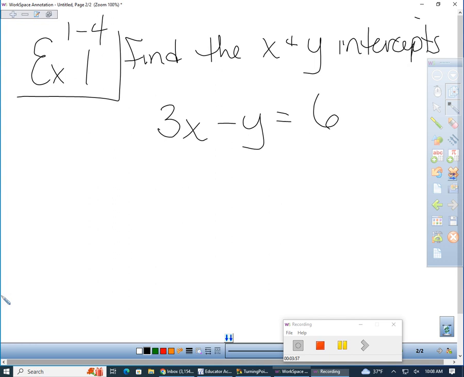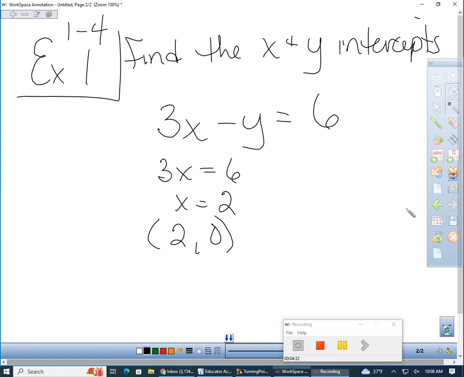Whatever you're finding, you're plugging in 0 for the opposite. So if I plug 0 in for y, I get 3x equals 6, right? I call this the cover-up method, so I want you to think about it this way. If I plug 0 in for y, I can cover that up on my paper. I'm left with 3x equals 6. So I can just solve that, right? I get x equals 2, which is actually the point 2, 0, because I put 0 in for y.